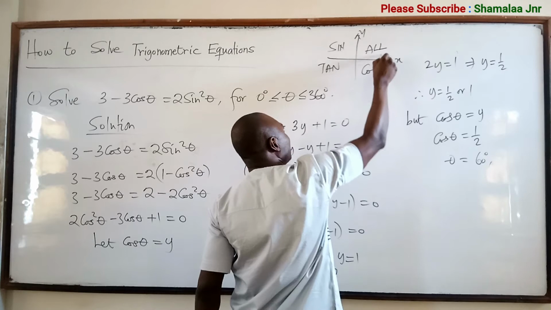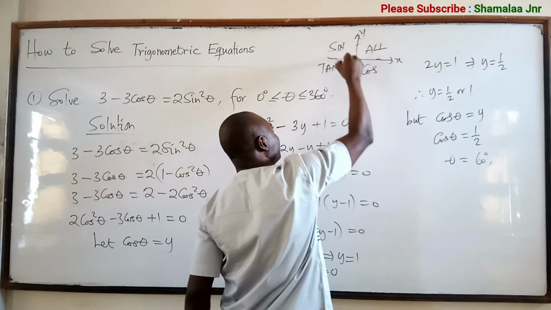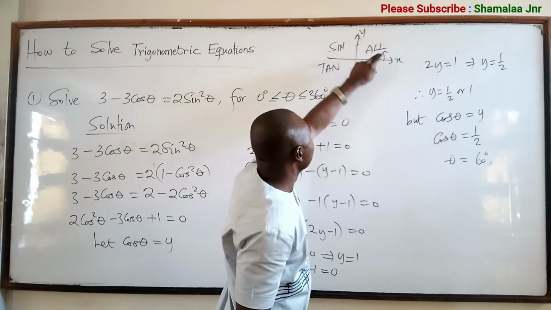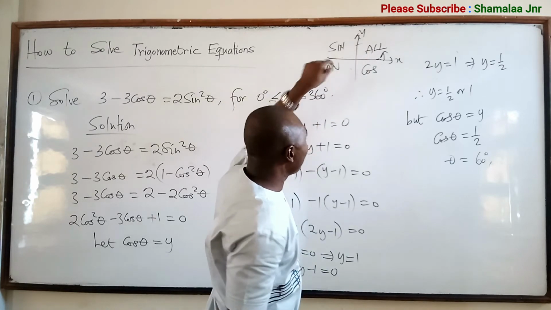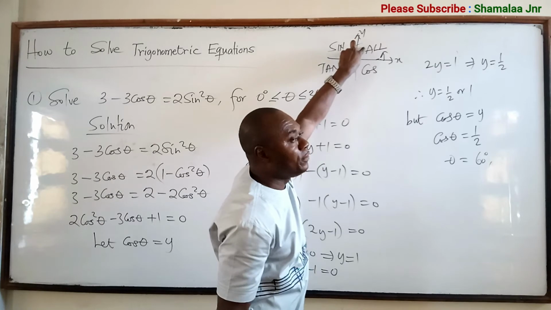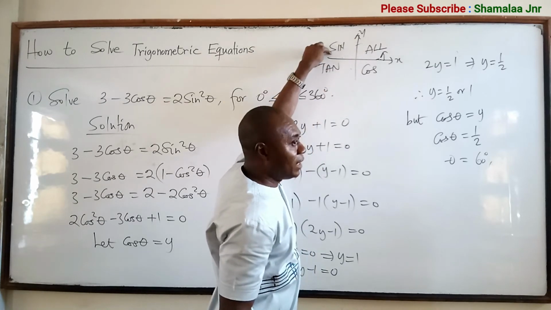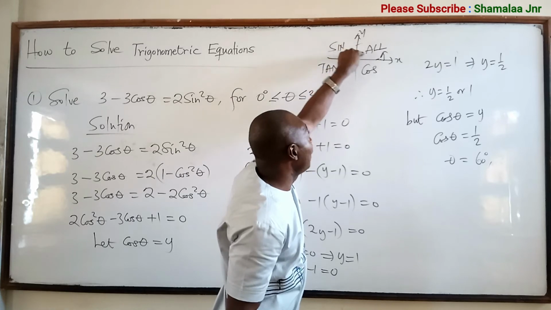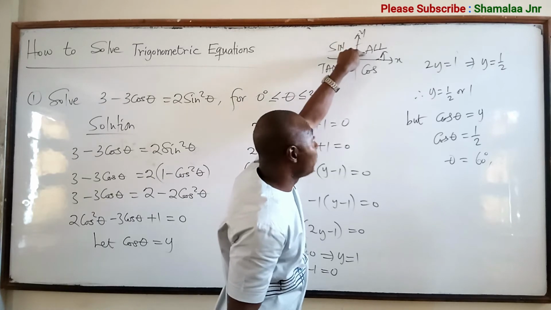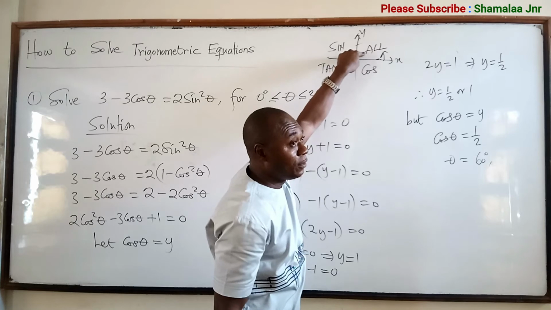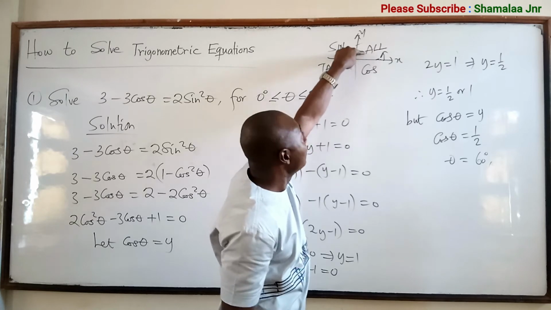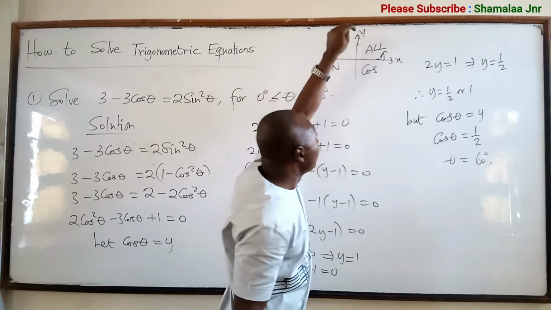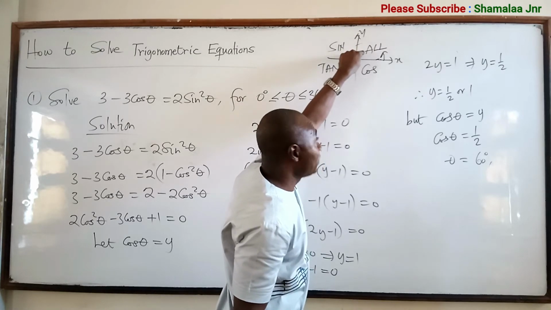So from here to here is 90, 180, 270, 360. All the trigonometric ratios, sine, tan, cos, they're all positive here. In this quadrant, this is the first quadrant. So in the first quadrant, sine is positive, cos is positive, tan is positive. When you find sine of any angle here it is positive, tan of any angle here is positive, cos of any angle here is positive.